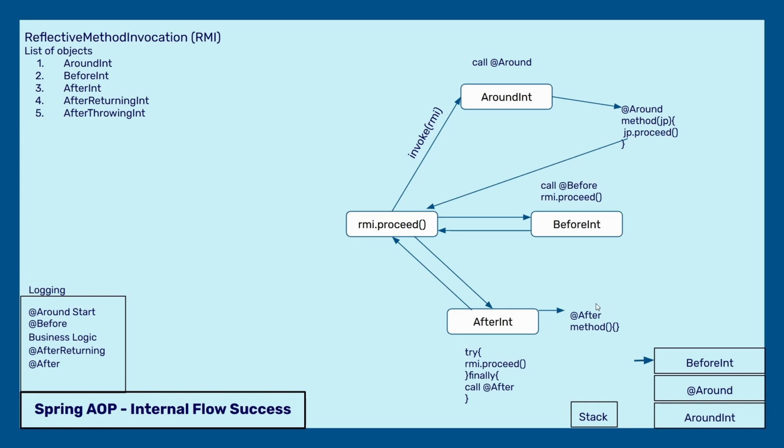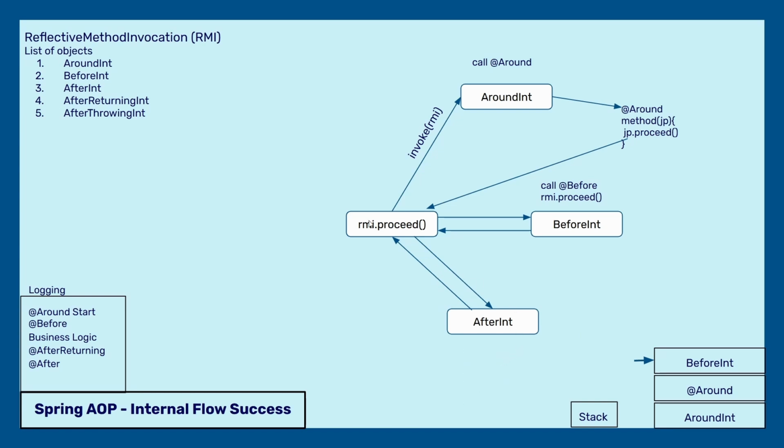Once this method is executed, it goes back to the invoke method of after interceptor. And since this is completed, let's remove this, and the finally block is also completed, and our invoke method of after interceptor is also completed. Let's remove this as well.